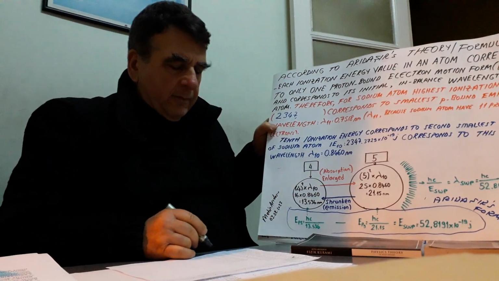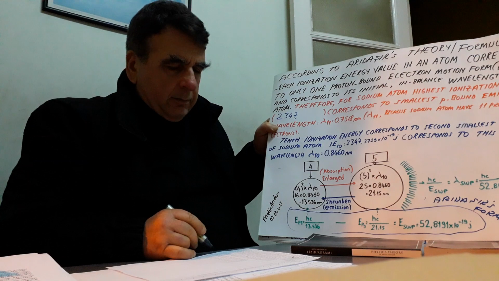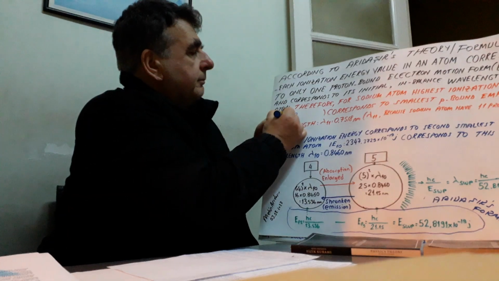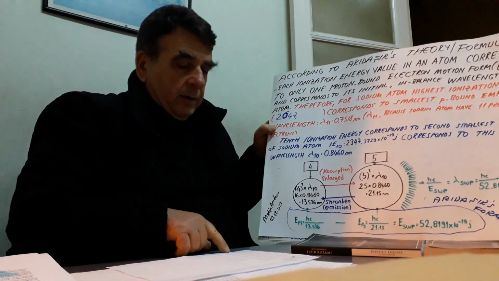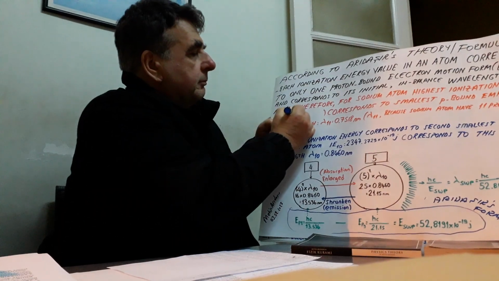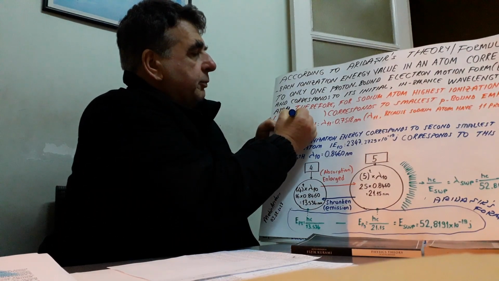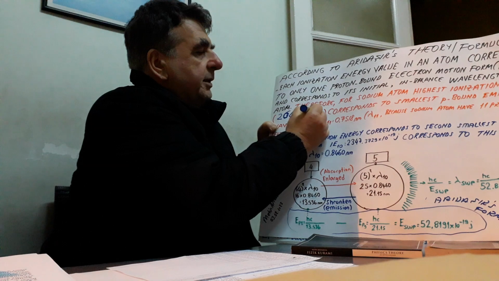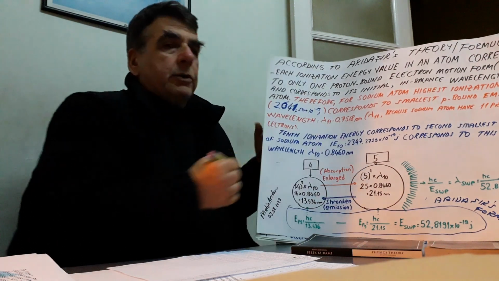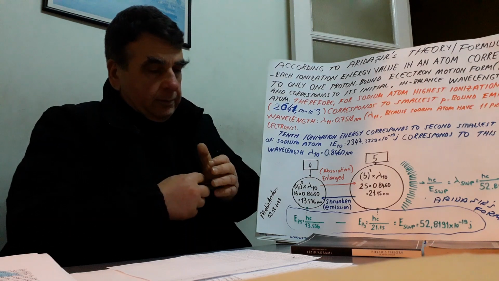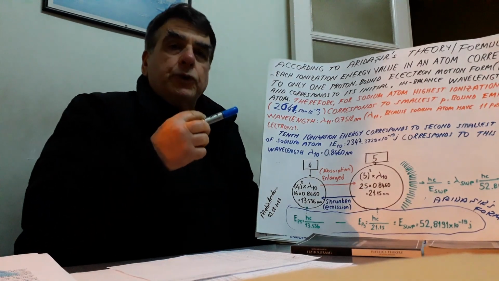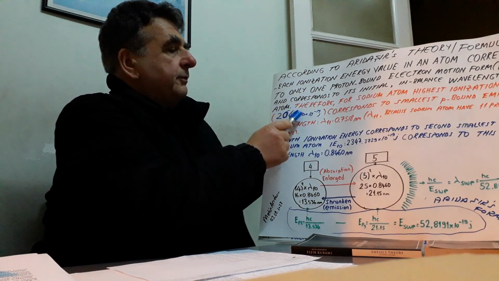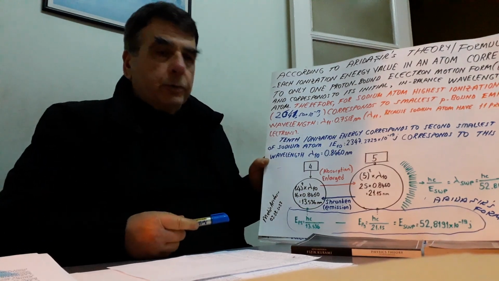2,641.50 times 10 to the minus 19 joule, okay.